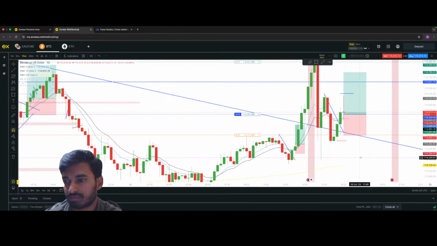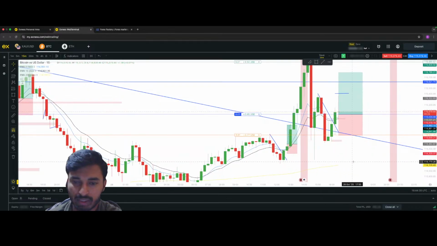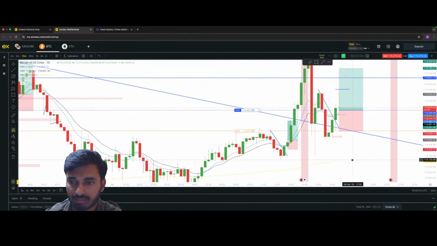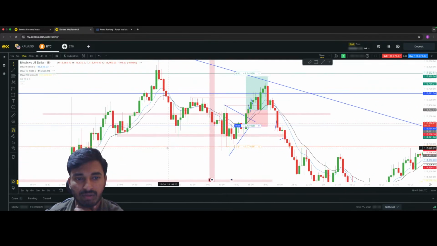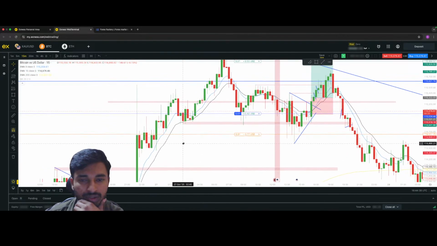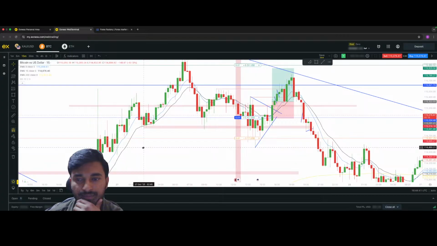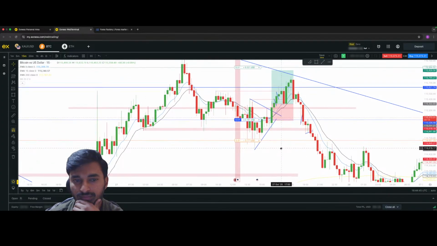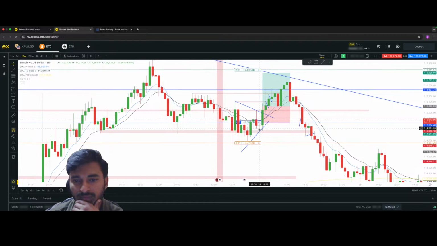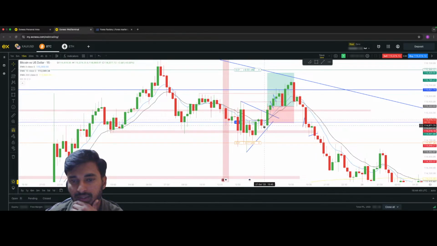Still 30 more seconds. It should not be a doji. I'll show wherever the doji is. See, after a red candle there is a doji, then above. After a green candle, if it is a doji, then it might fall down.